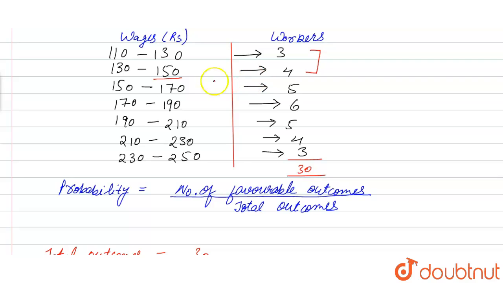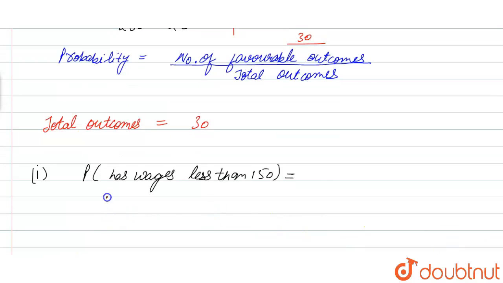We will not include this case, because here the wage is greater than or equal to 150. So we include 110 to 130 and 130 to 150. Here wages are less than 150.